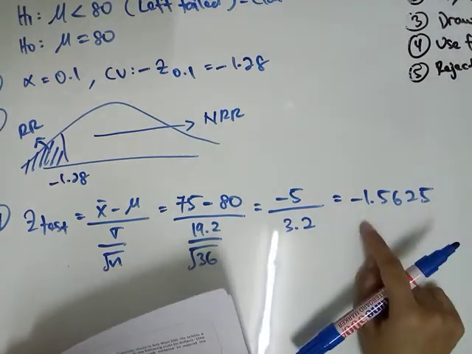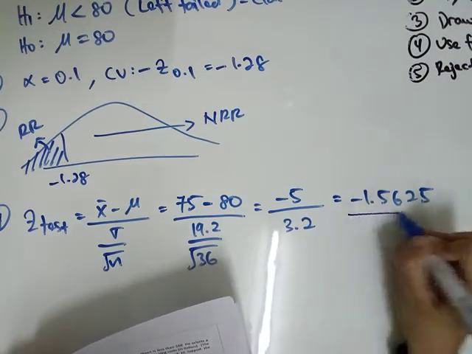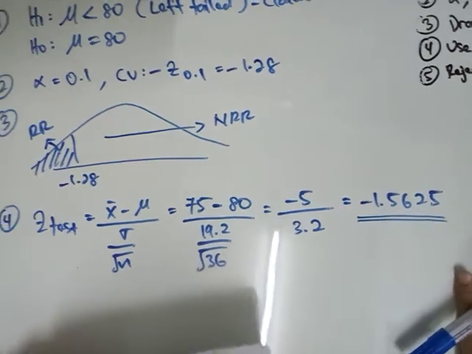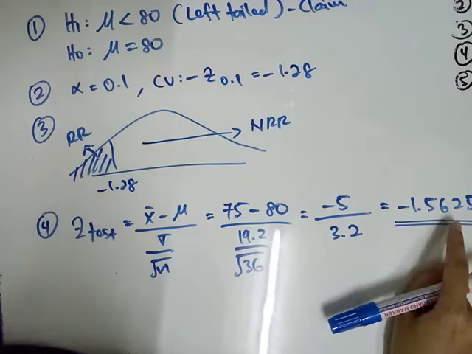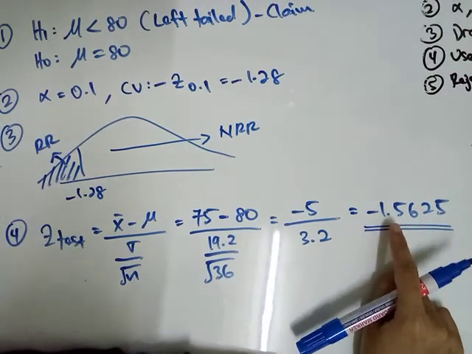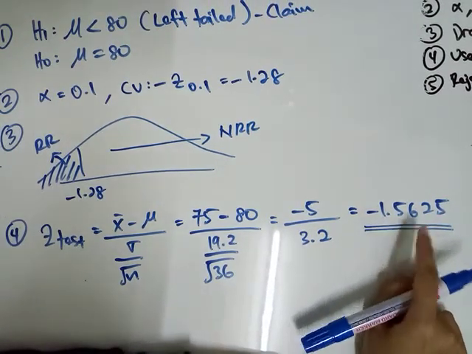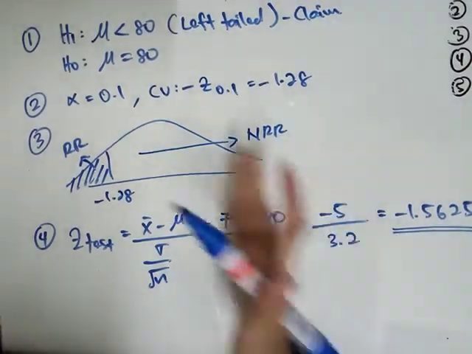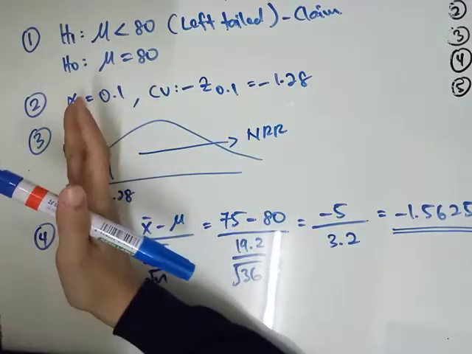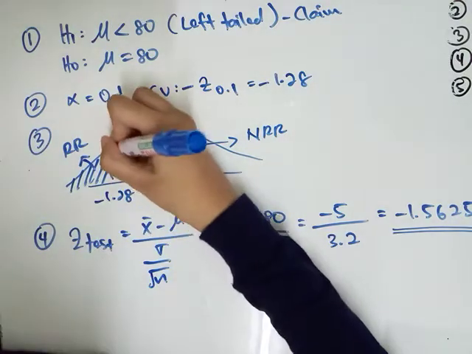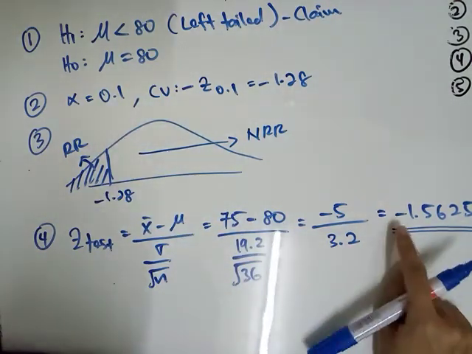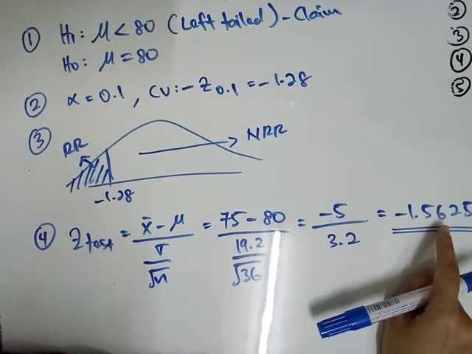Okay, so when you get the value -1.5625, refer to the graph. Is -1.5625 in RR or NRR? We know the critical value limit is -1.28.